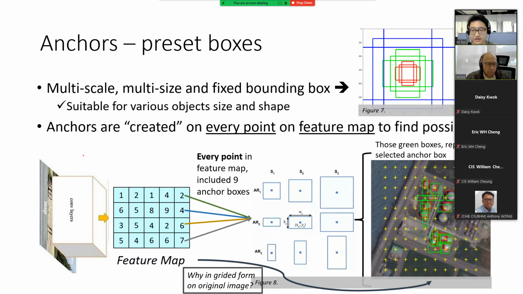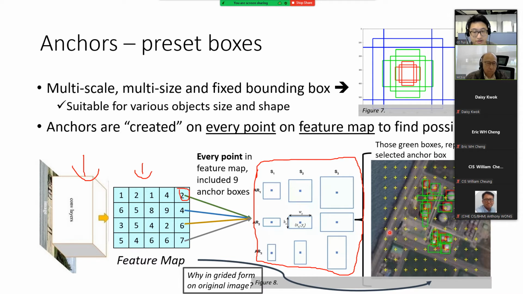So here, after the convolution layer, it will have a feature map, and each point on the feature map will contain 9 anchors. 9 is the most common number of anchors set in the network, so just assume it's 9. Actually, it can change. So every point in the feature map includes 9 anchor boxes. If we project back to the image, it should look like the green boxes on the right hand side.